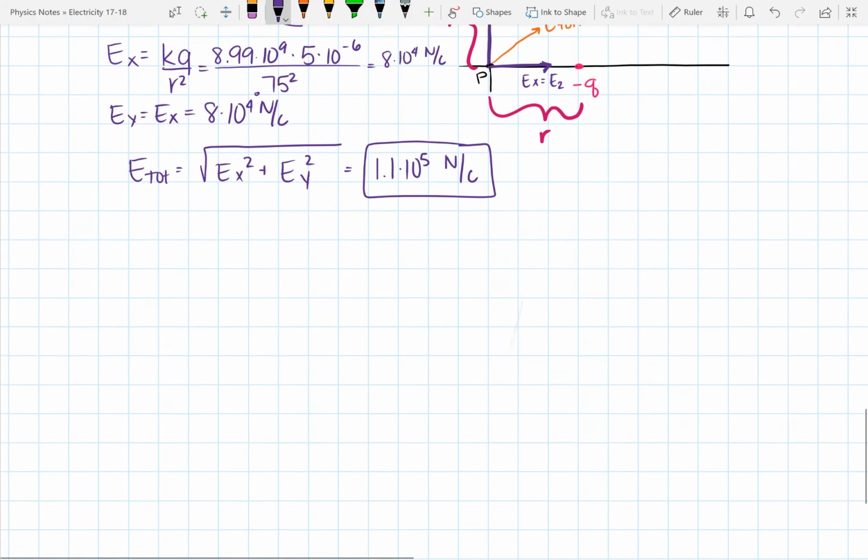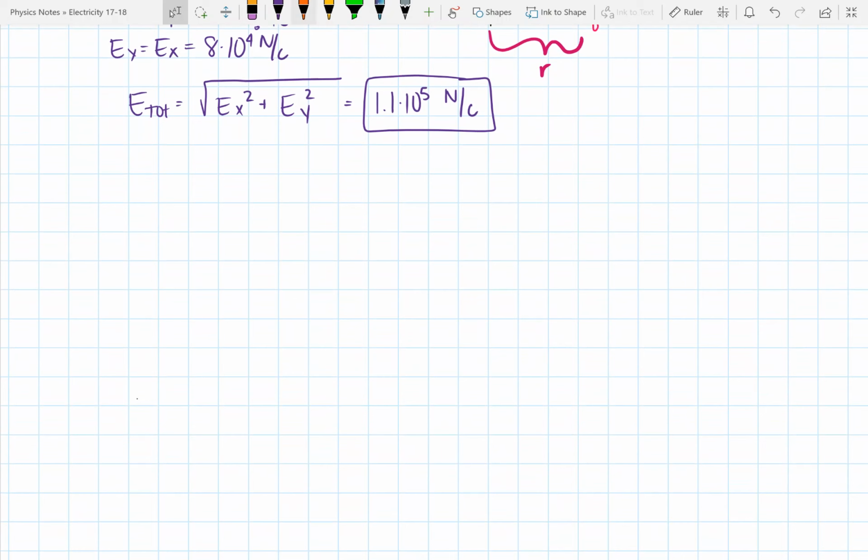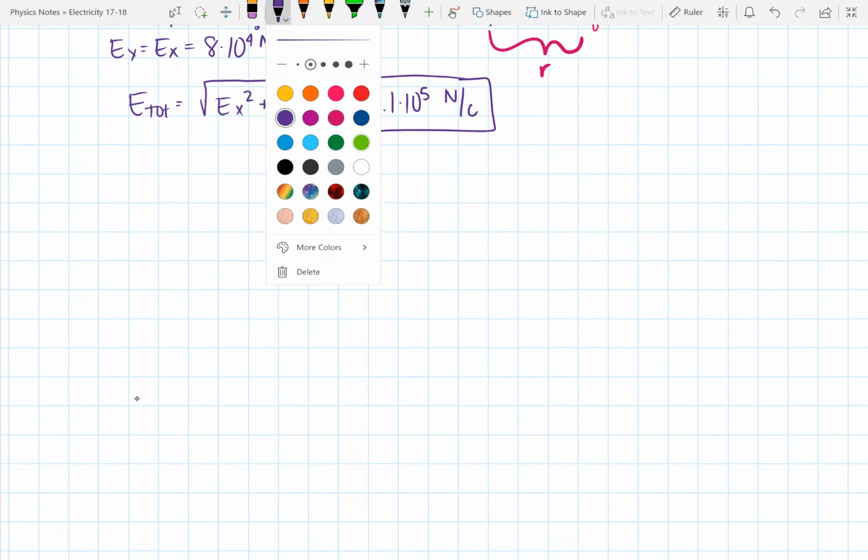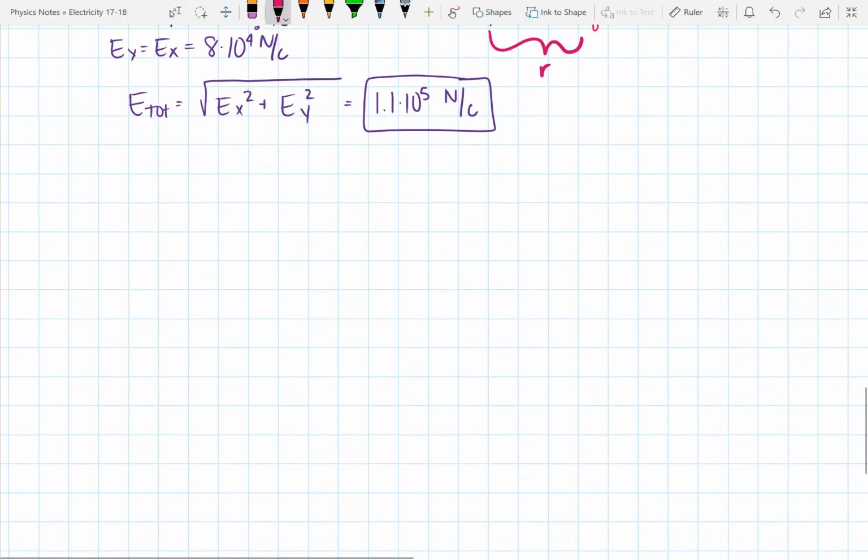So, drawing field lines is another important part of this section. So, rules for electric field lines.